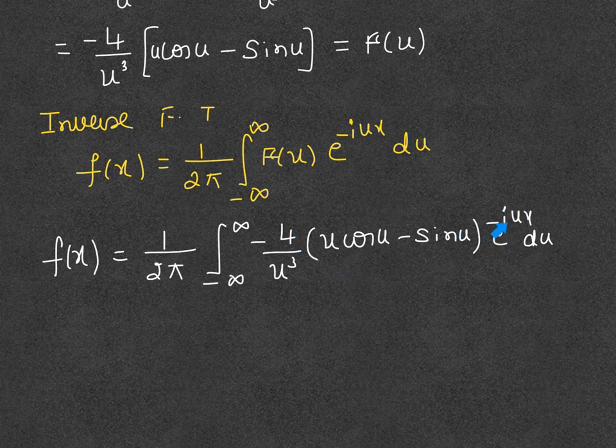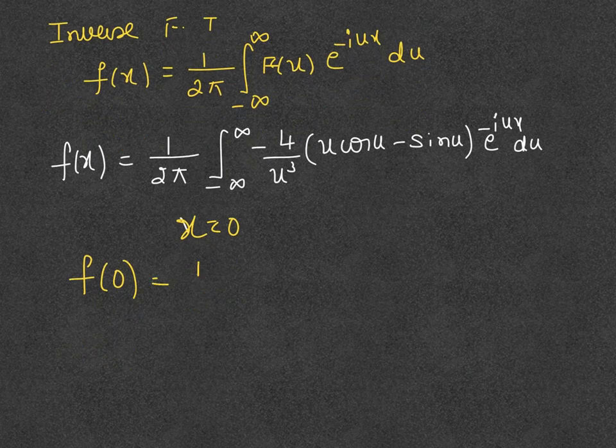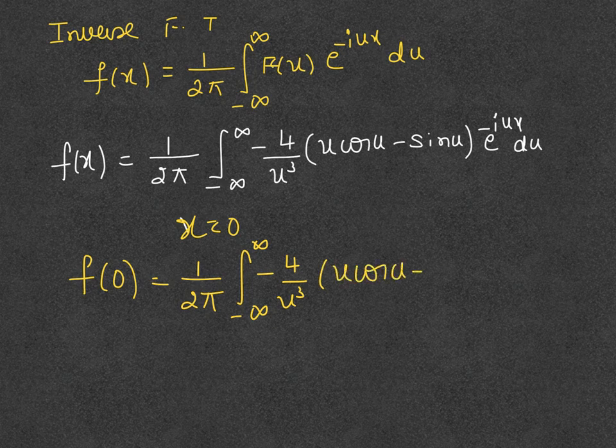Therefore, let us retain only this term. We eliminate this by setting the x value as 0. So we put x is 0. So therefore f of 0 is equal to 1 by 2 pi integral minus infinity to infinity, minus 4 by u cube into u cos u minus sin u, and exponential becomes 1 when you substitute x is 0, du.